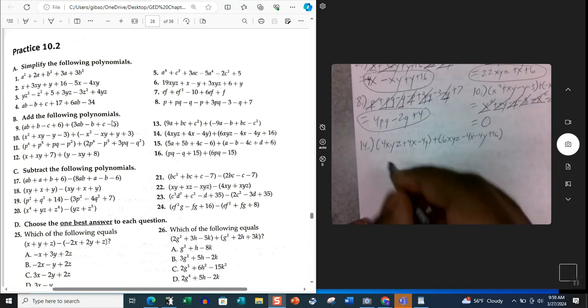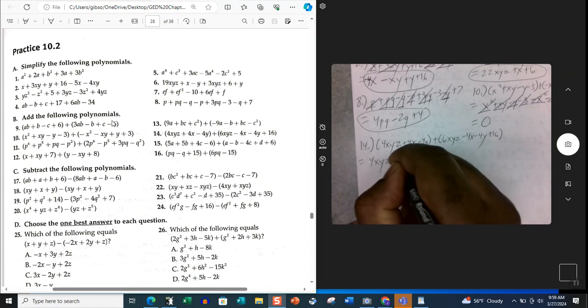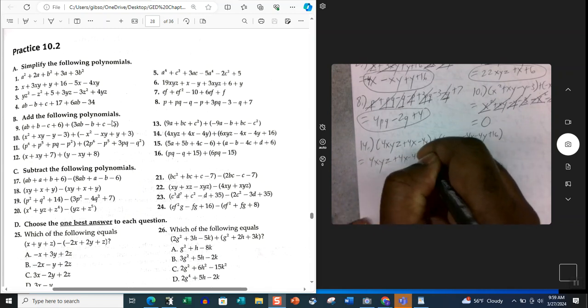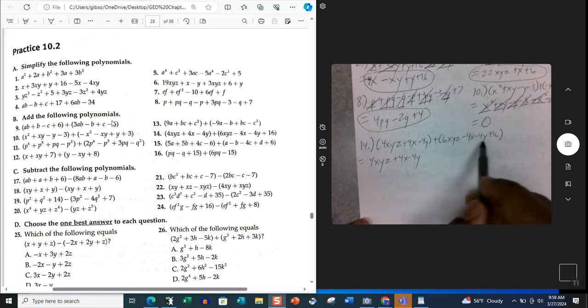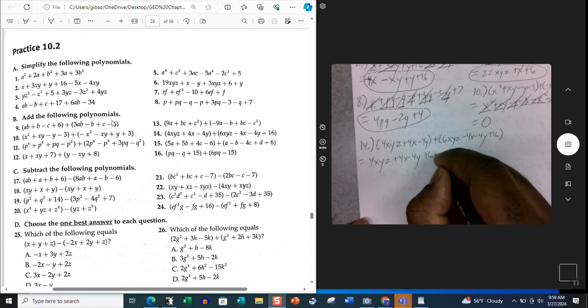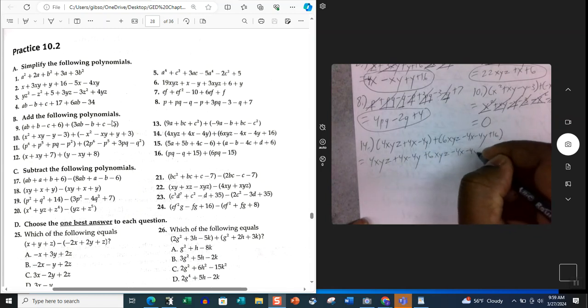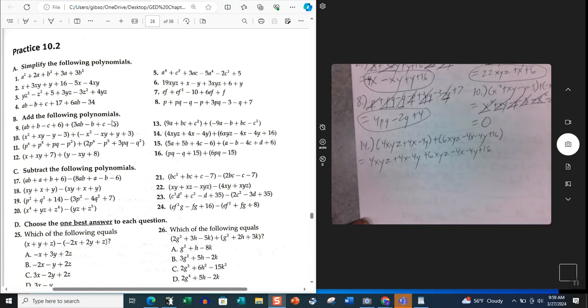We keep the first parenthesis the same. So you have 4xyz plus 4x minus 4y. Then plus this parenthesis here, so everything stays the same. So it's plus 6xyz minus 4x minus 4y plus 16.